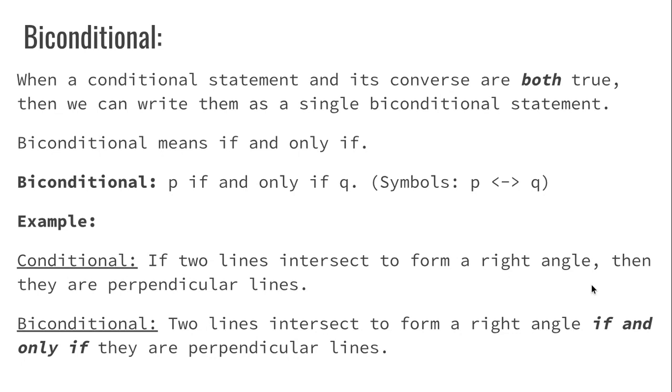My biconditional statement is two lines intersect to form a right angle if and only if they are perpendicular lines. Maybe a biconditional statement for me is, I will go skydiving if and only if I am paid more than $1 million because I'm very afraid of heights.